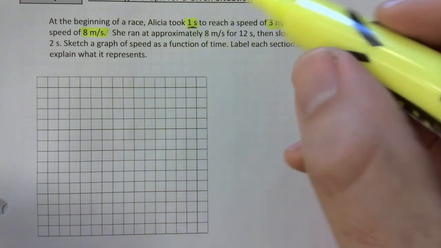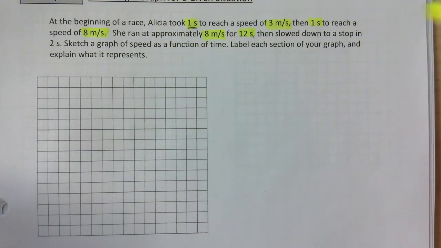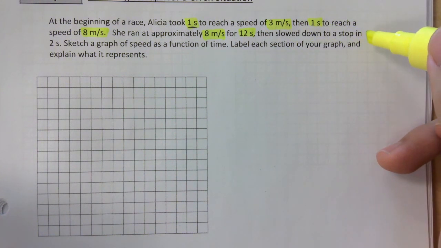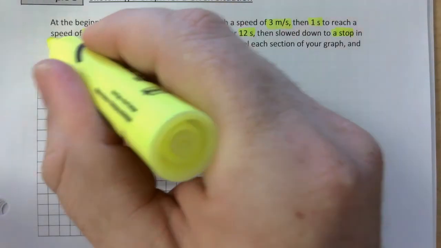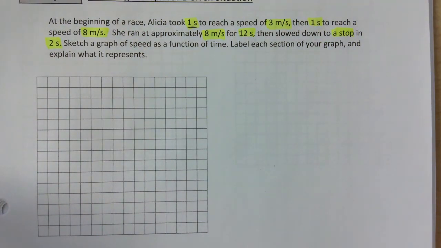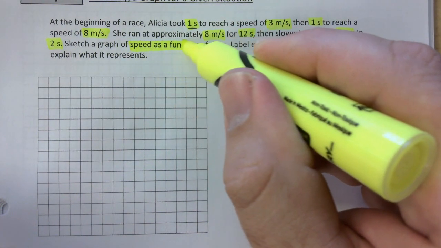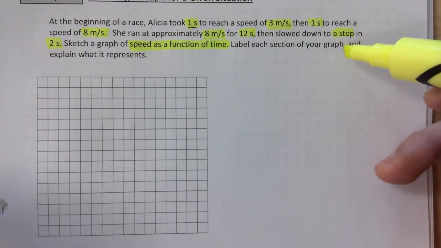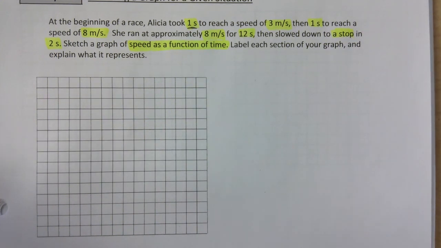She ran at approximately 8 meters per second for 12 seconds, then slowed down to a stop in 2 seconds. Sketch a graph of speed as a function of time. And this is actually important. Speed as a function of time. Label each section on your graph and explain what it represents. Okay.